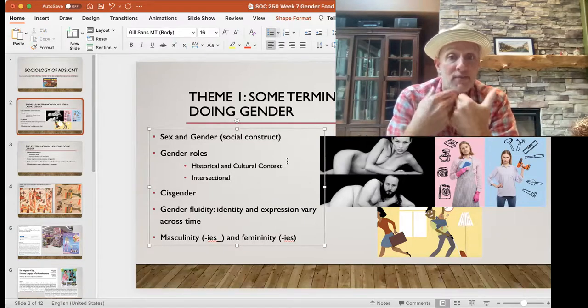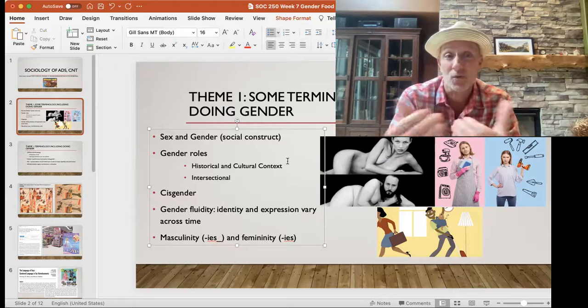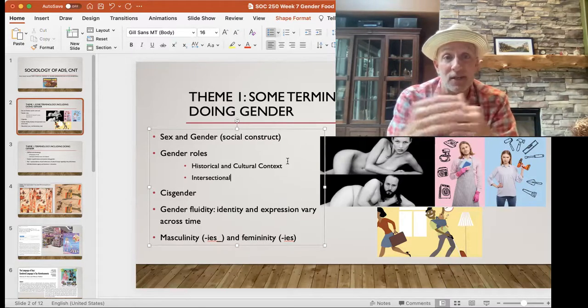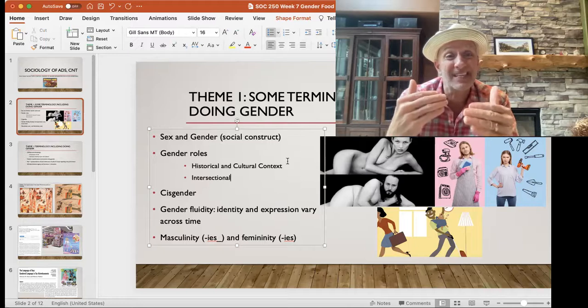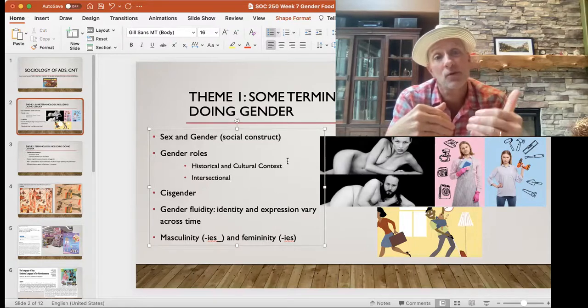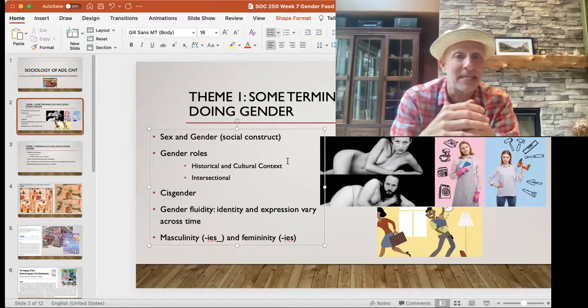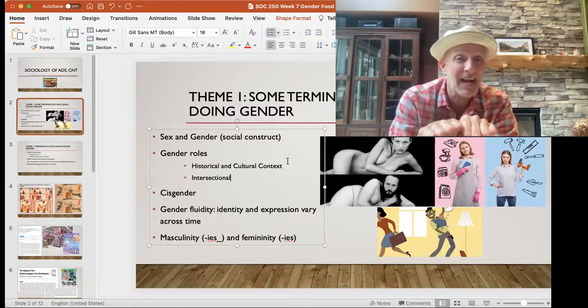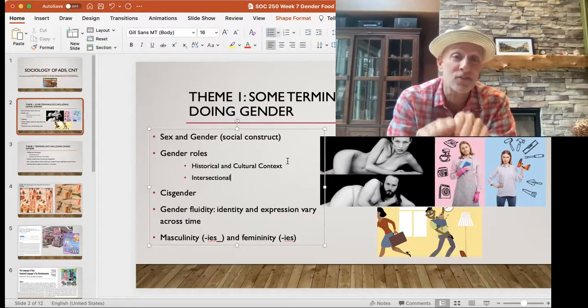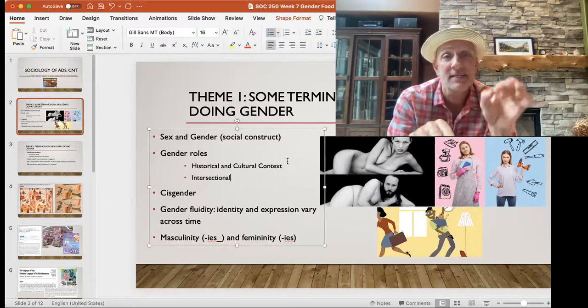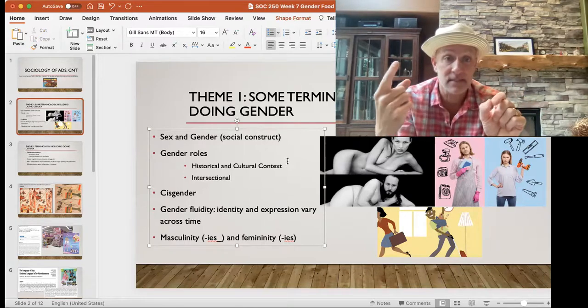And then we also address gender expression, or we talk about gender as a performance, or doing gender. The last thing here is masculinities, masculinity or masculinities, same with femininities. The "ies" is to signify it's not masculinity only, but masculinities.